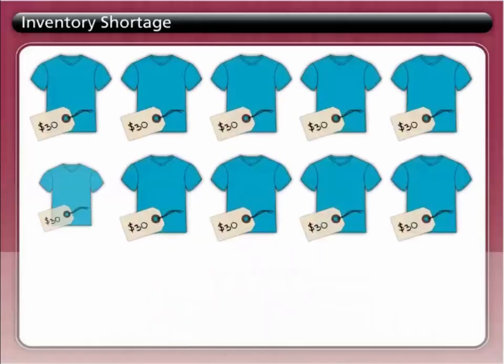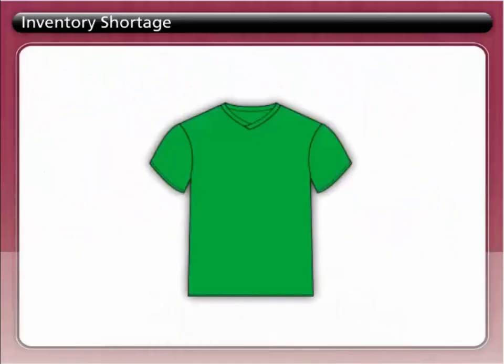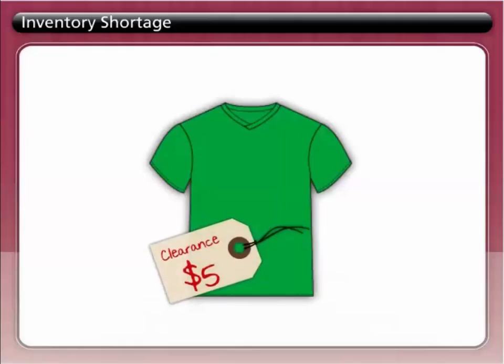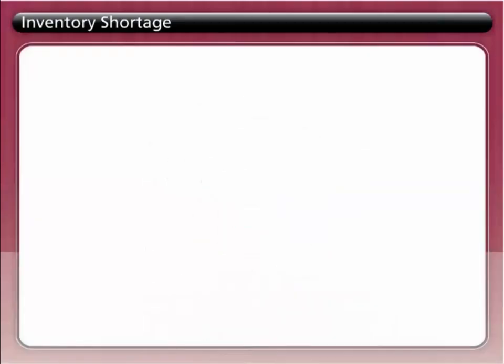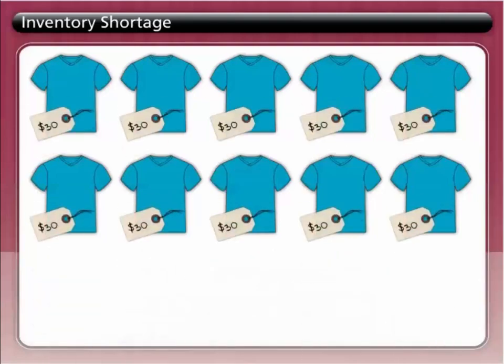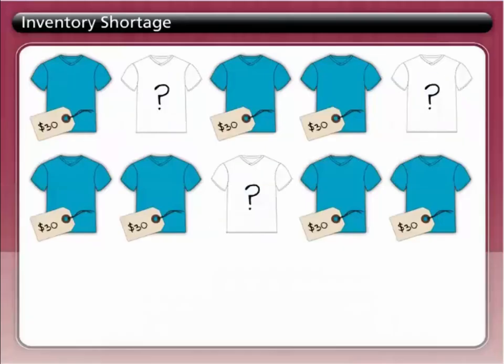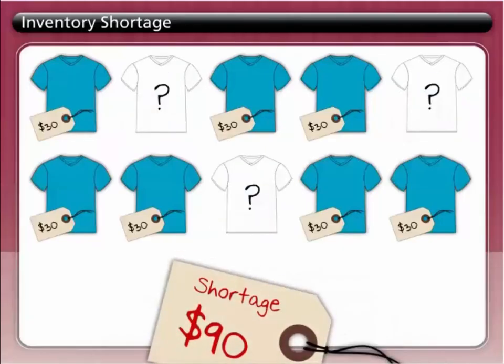If a store has 10 of these t-shirts, then the company owns these shirts for a total of $300. This same concept applies to clearance merchandise as well. Whatever the retail price is of the merchandise, that's the price the company owns it at. So how does this apply to inventory shortage? Going back to our t-shirt example, if our inventory system states that a store should have 10 t-shirts at $30 a piece, but we find that 3 of them are missing, we have an inventory shortage of $90.